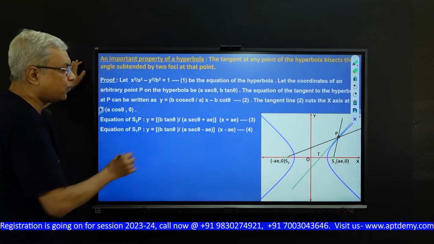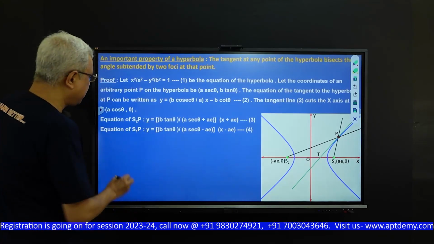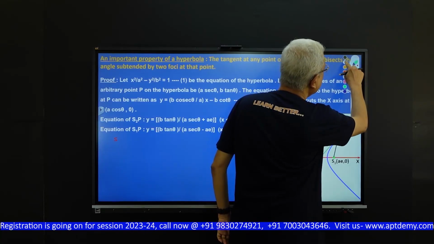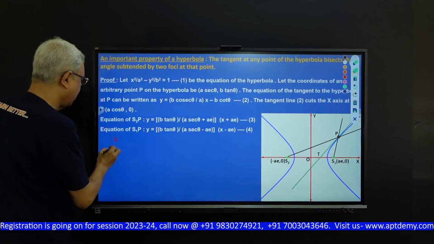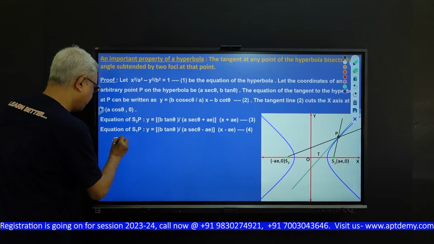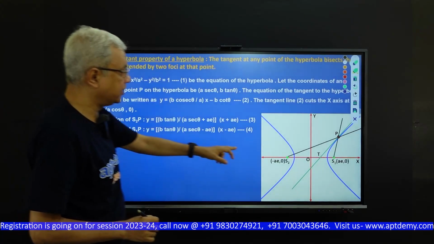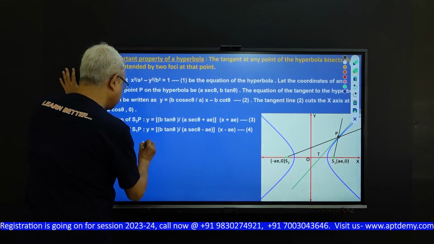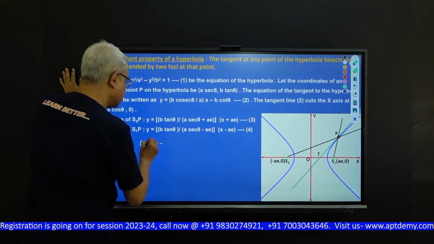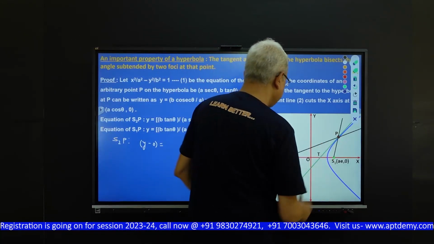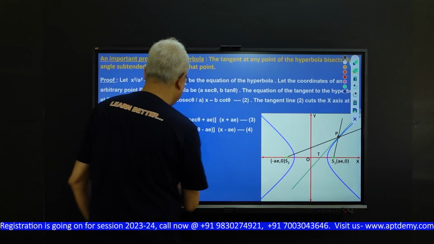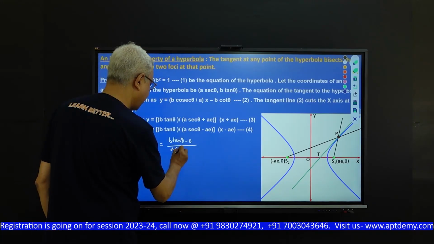Now, what is the equation of S2P? S2P's equation is y minus 0 is equal to the gradient of the line, which is b tan theta minus 0 by a sec theta plus a.